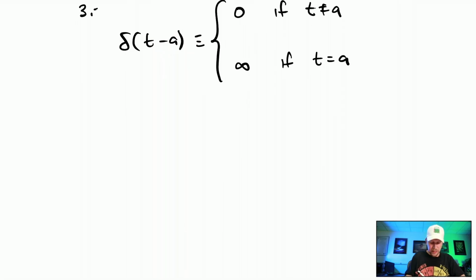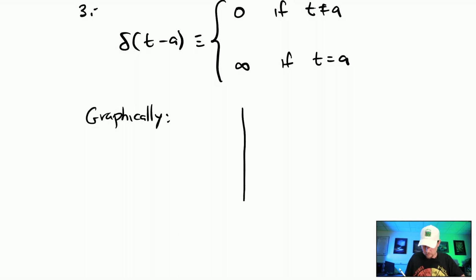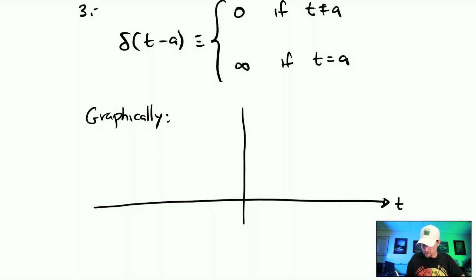Now, graphically, that means that our delta function is shifted, suppose that this is a right here.